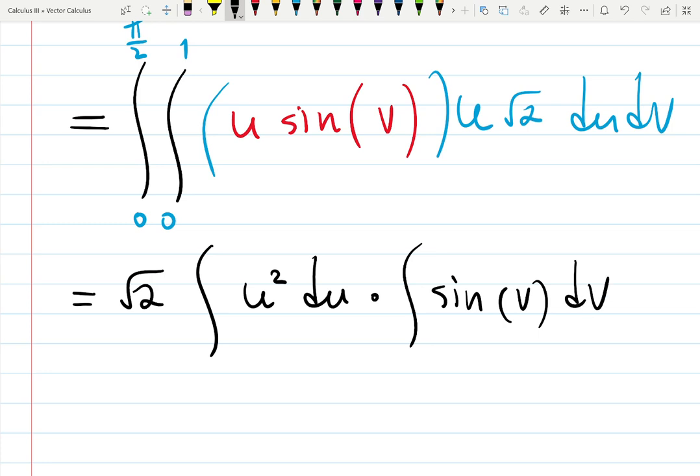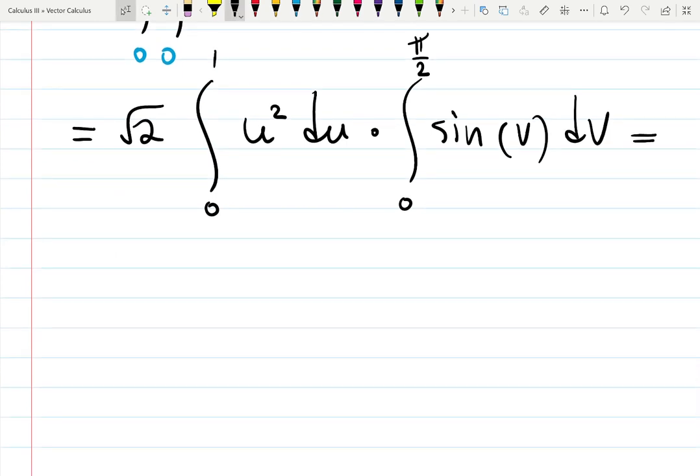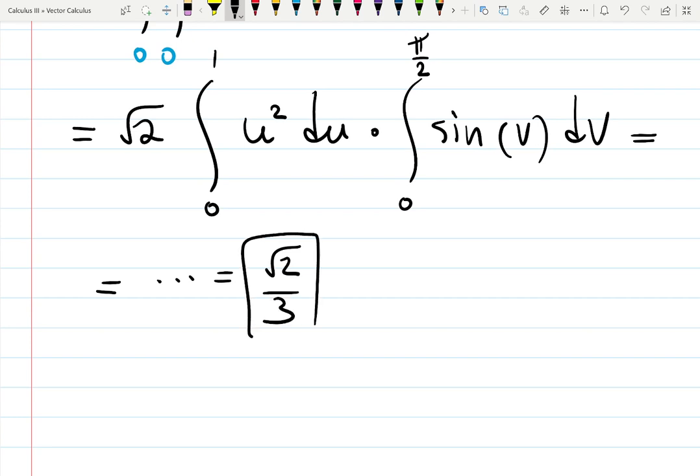Those are just two integrals. u is from 0 to 1. v is from 0 to pi over 2. Integrate each. And you get square root of 2 over 3.